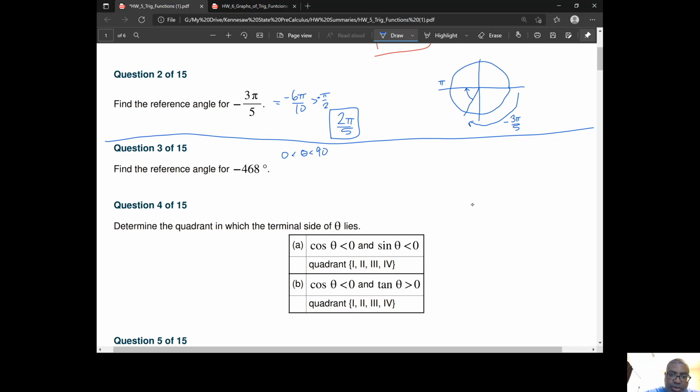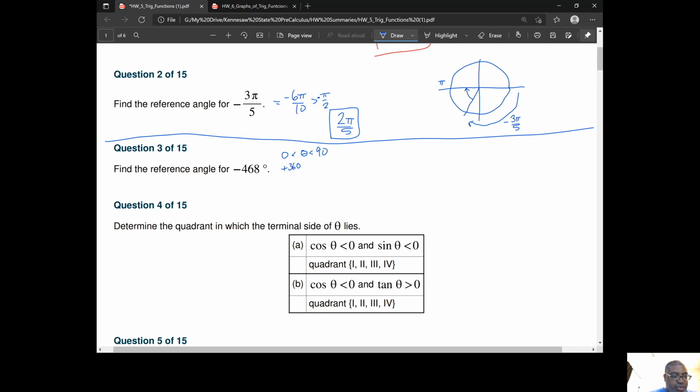So for this, we're going to add 360 to this however many times to get a number between those. I do negative 468, and I would advise a calculator, plus 360. That's equal to negative 108.